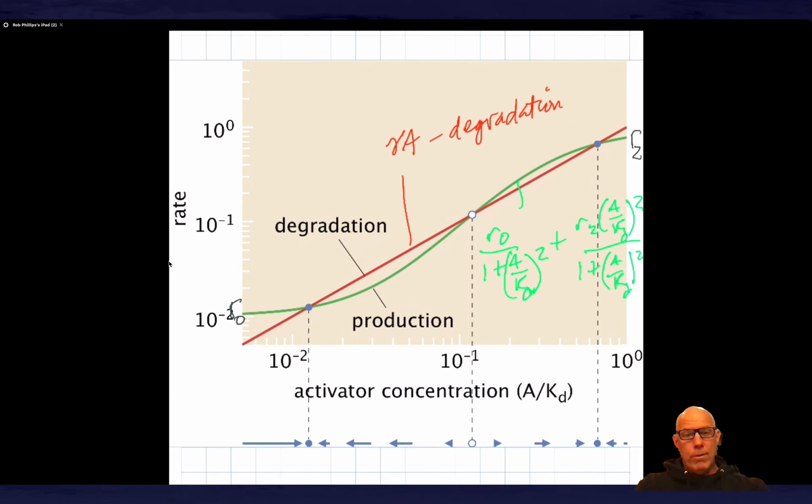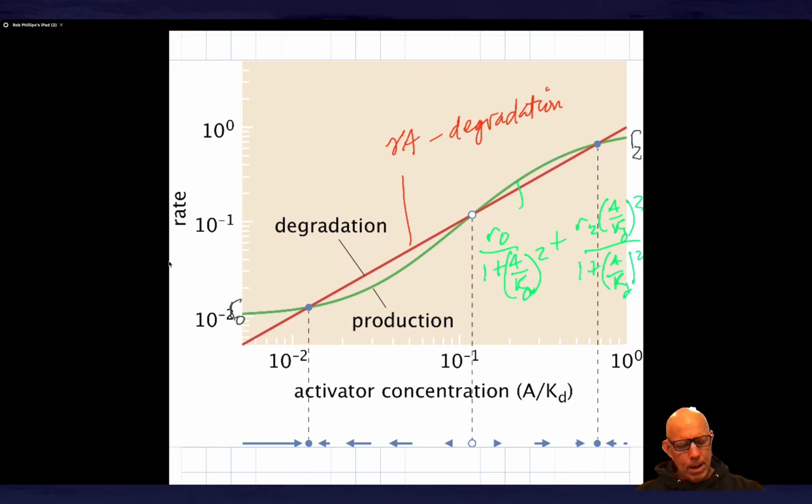This is very beautiful because without even solving the problem, what we've figured out is that this thing has three steady states, three fixed points is the lingo. And we see, in fact, that two of those fixed points are stable, and one of the fixed points is unstable. What do I mean by that? When I say unstable, it means that if I perturb it slightly, it will fall out of that point and go to another.